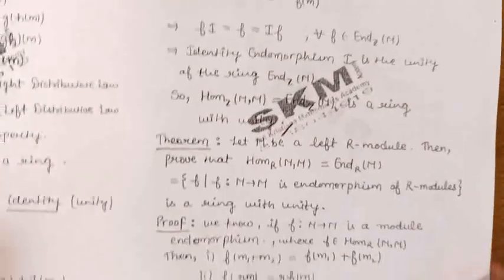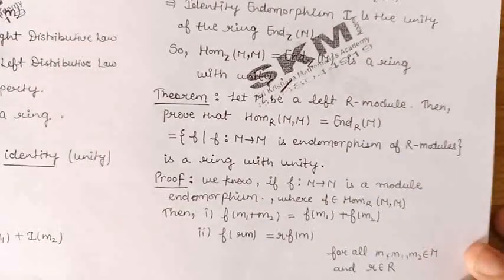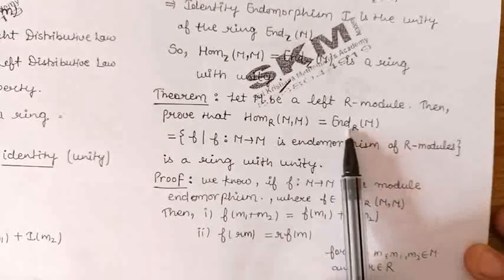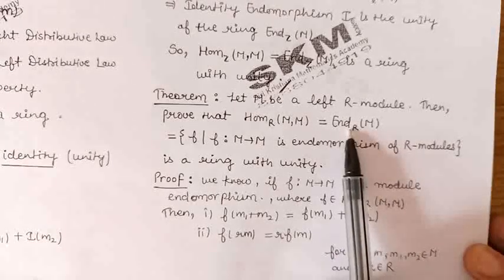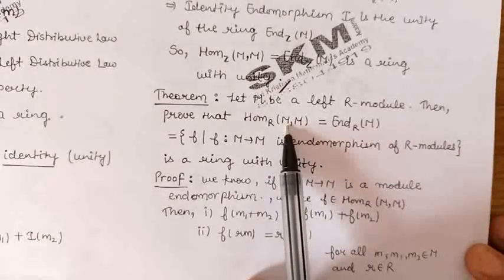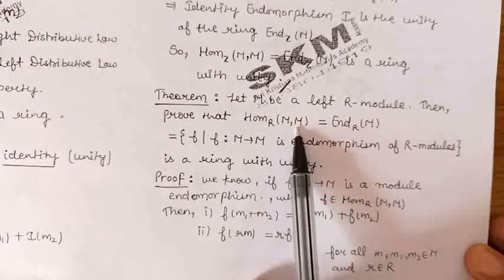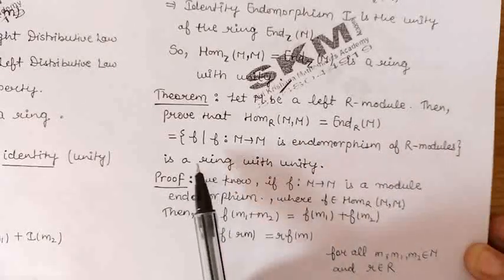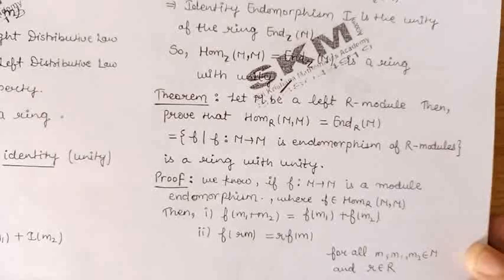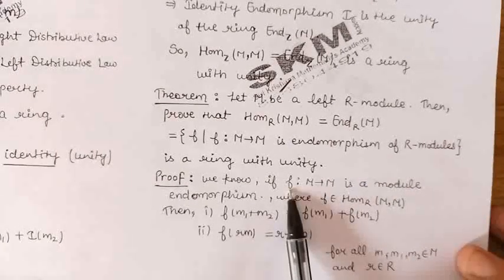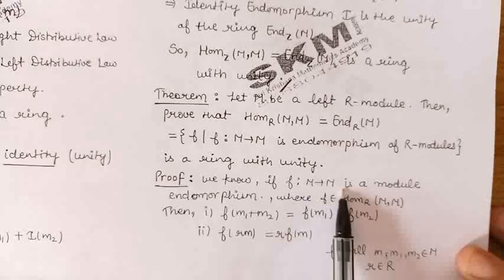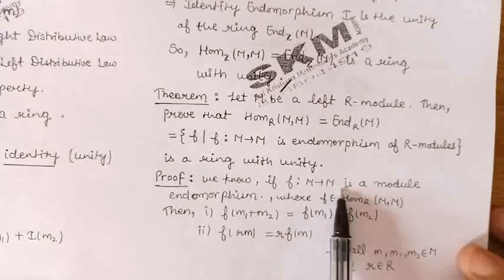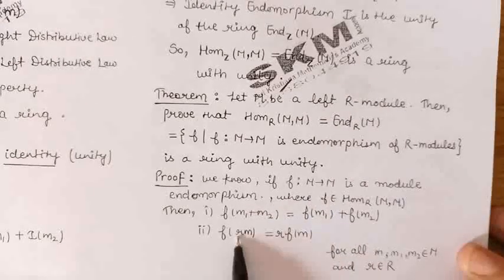Now in the next theorem, we will prove that the set of all the homomorphisms of module M into itself, that is a ring with unity. Now to prove this, if we have a mapping F from M into M, which is a homomorphism of modules, then by definition of homomorphism of modules, two conditions are satisfied.